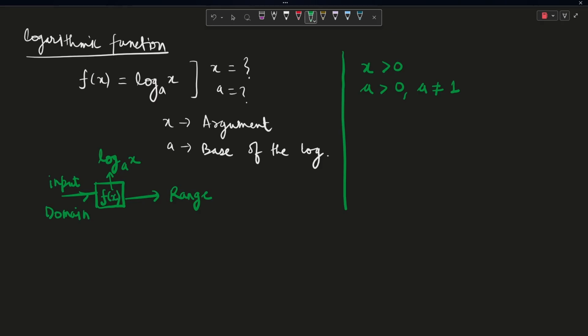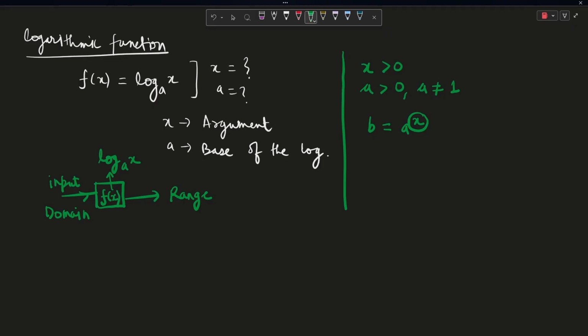So if you know about the exponential function, you know very well that an exponential function could be expressed as b equals a to the power x, right? Here b is the answer for a to the power x, and x is something that we need to calculate.